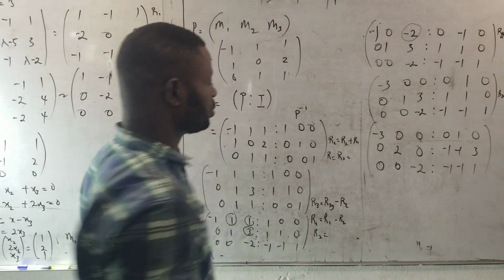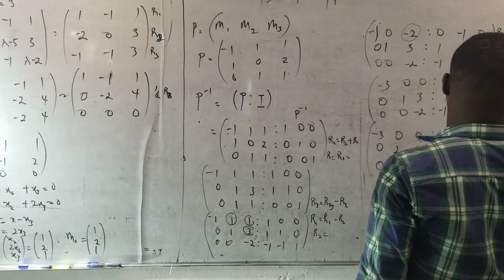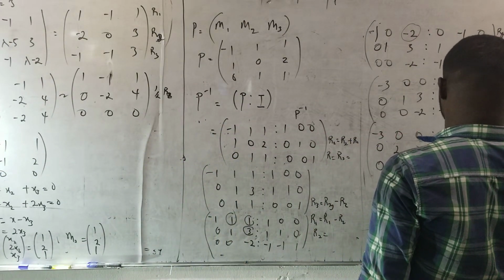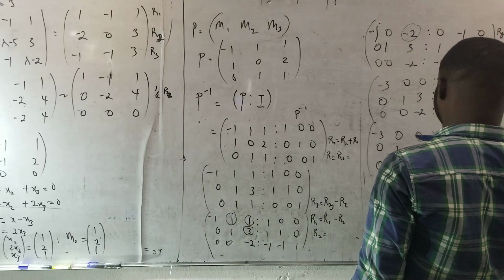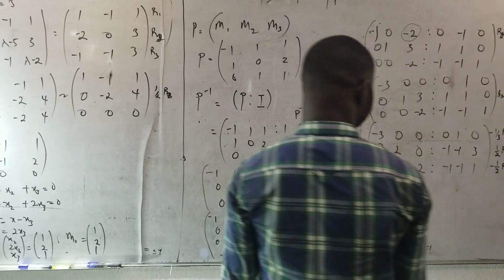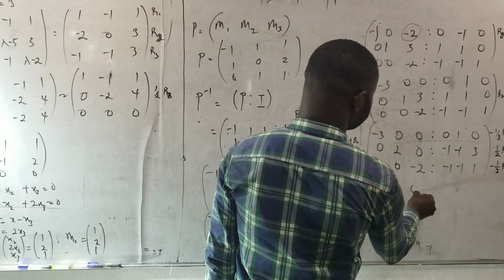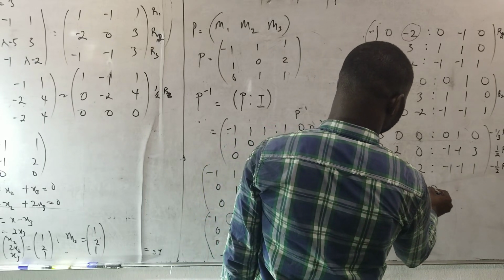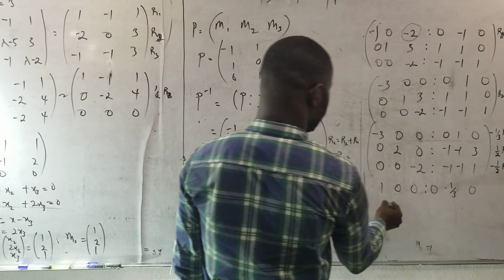Now, at this junction, I will divide all through by what? Minus 1 all over 3 of R1, 1 all over 2 of R2, 1 all over 2 of minus R3. Now, at this junction, I will be having 1 is 0, 0, 0, 1 all over 3 minus 0, and this one will be what?